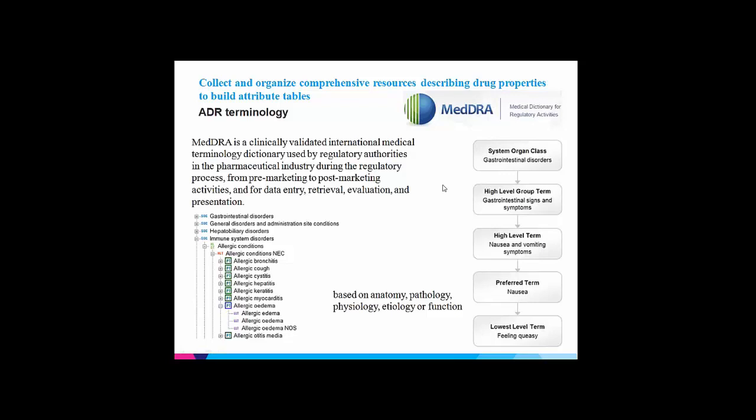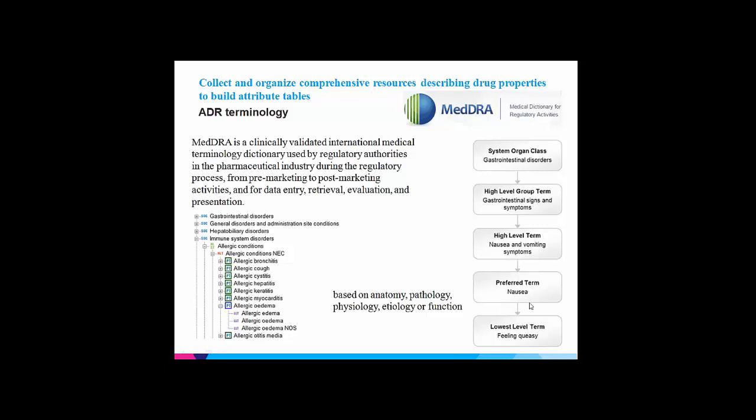It has 5 different hierarchies, from the highest to the lowest, and those different levels of terms are connected based on anatomy, pathology, physiology, or etiology of those adverse reactions.